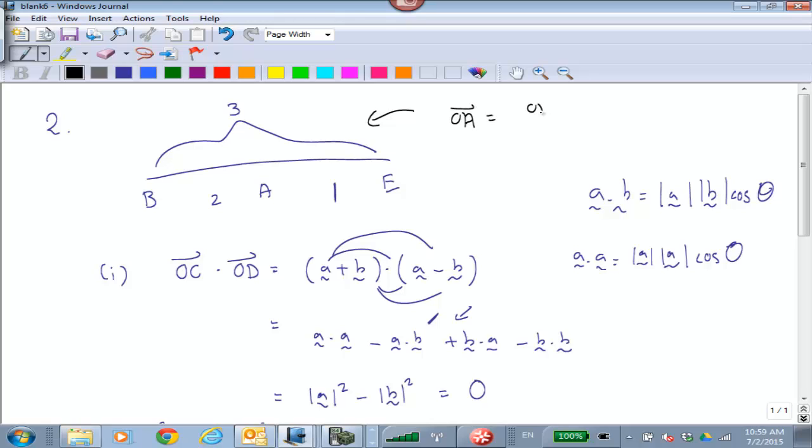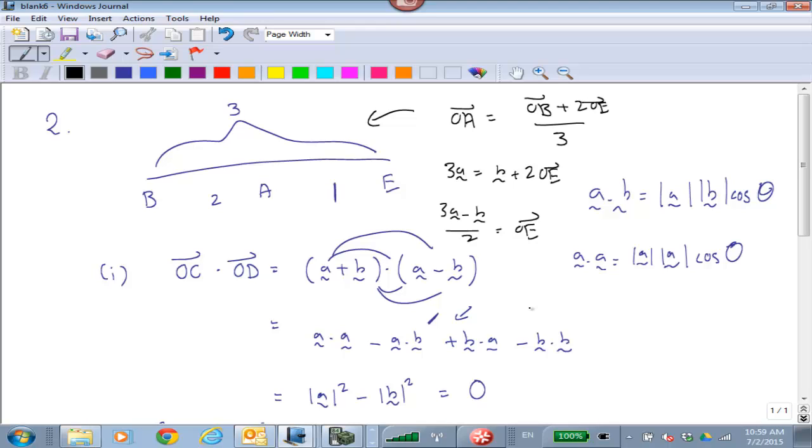So let's do a quick one. OA, OB, divided by 3. So 3A plus B, with 2OE. So OE is 3A minus B divided by 2. Is it correct? Double check for me. OE is like this.